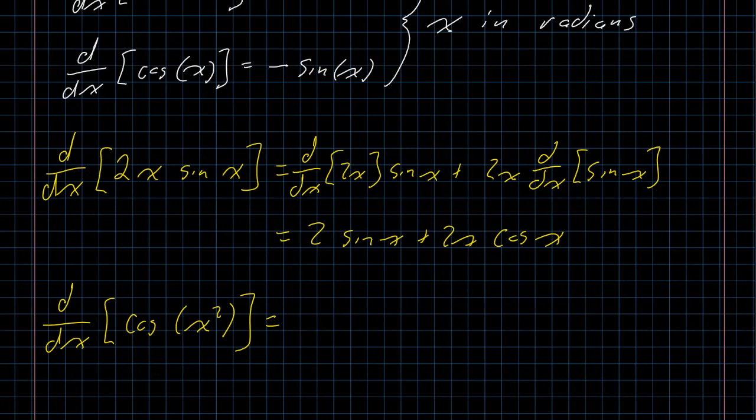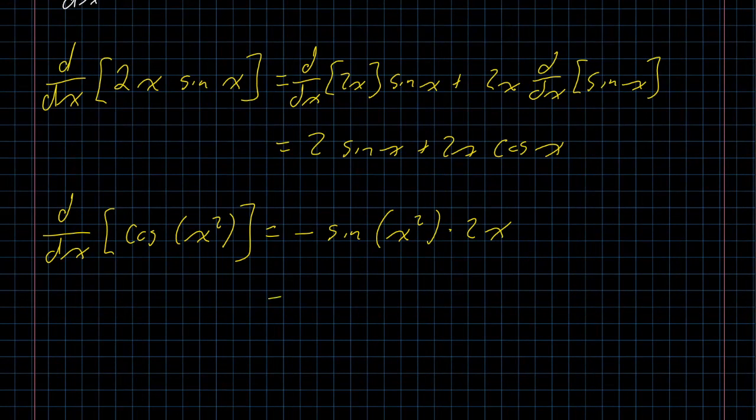The derivative of cosine is the negative of sine. Evaluate that at the same argument. Then multiply by the derivative of the argument. The derivative of x squared is 2x. Clean that up a little bit. Negative 2x sine of x squared is probably a nicer way of writing that derivative.